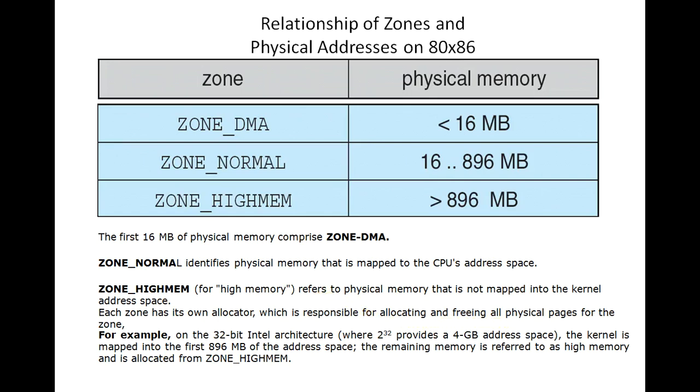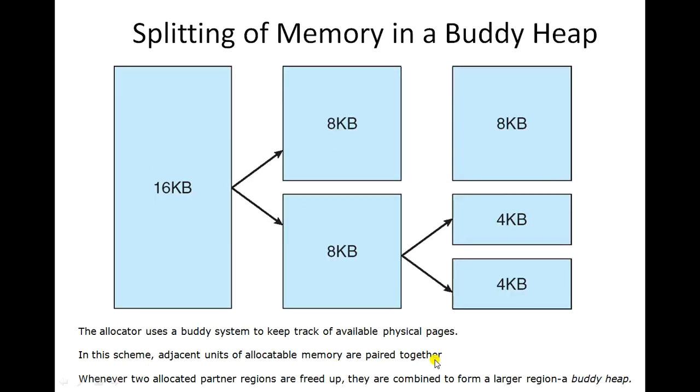For example, if we take a 32-bit Intel architecture, where we can address 4 GB of memory, that is, 2 raised to 32 provides a 4 GB address space. Here the kernel is mapped into the first 896 MB of address space, so that is the normal zone. The remaining memory, that is the memory above 896 MB, is referred to as high memory and is allocated from ZONE_HIGHMEM.